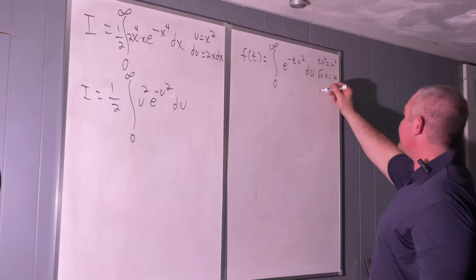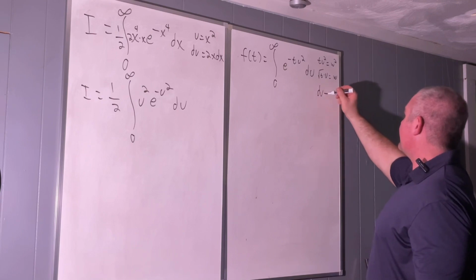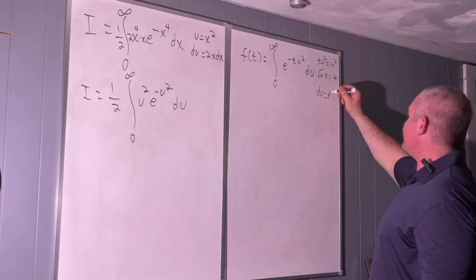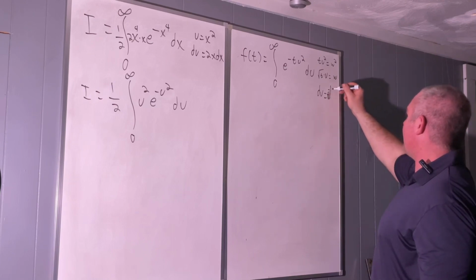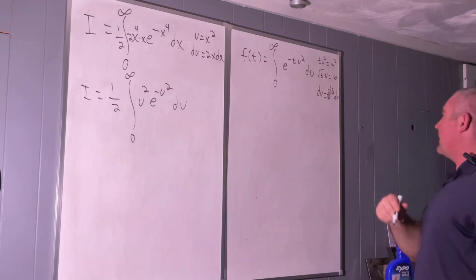Therefore, du is equal to t to the negative 1/2 dw. All right.